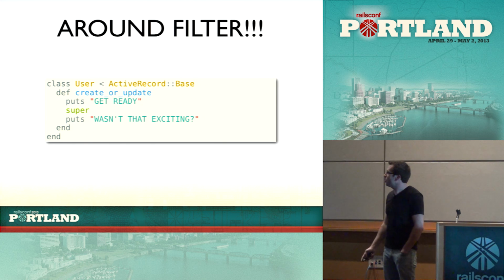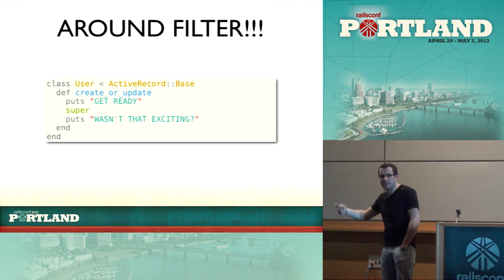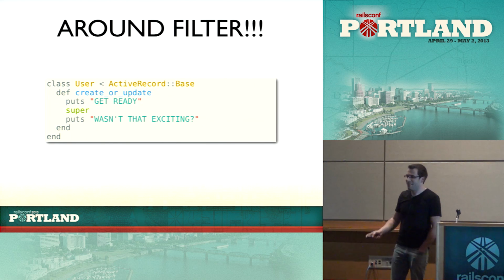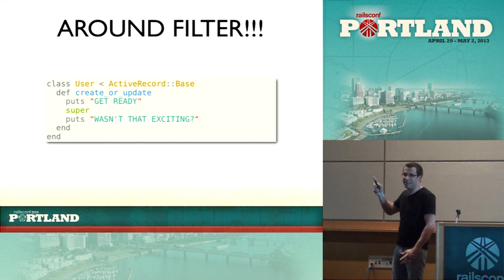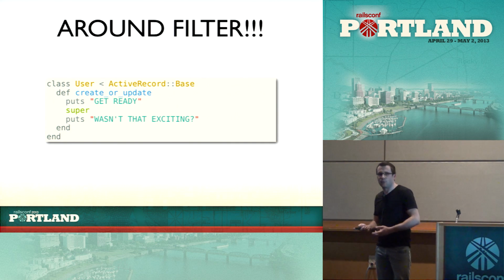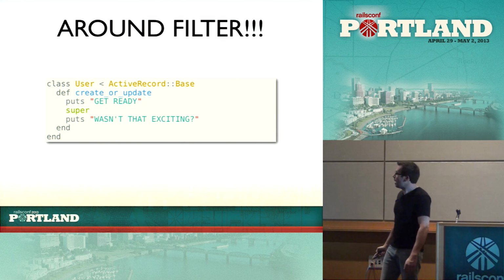And here's an around filter. You do some things, and then you do the other thing, and then you do some final things, right? Now, I don't know about you guys, but this I can understand. And if I can understand it, then I can reason about it. If I can reason about it, then it's less likely to have buggy behaviors or pull douchebag magic on me.